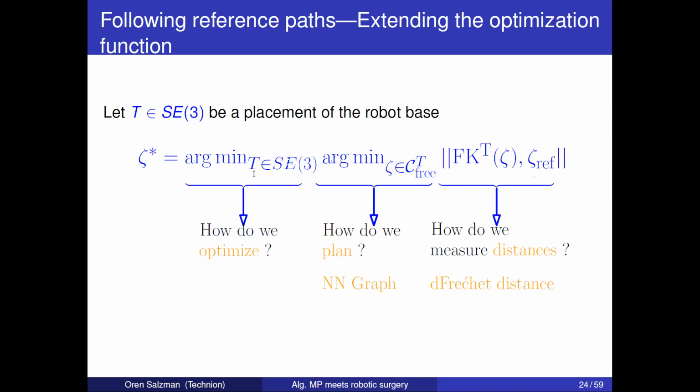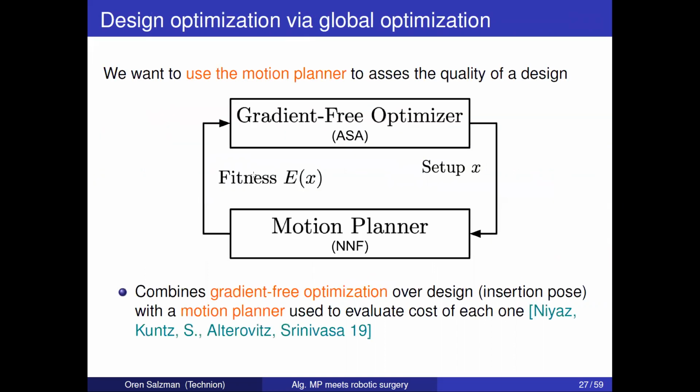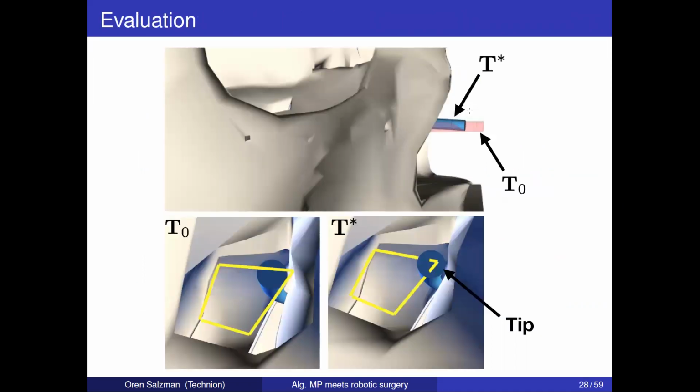Again, we used some common tools in the literature, but used the planner from our previous iteration semi-intelligently in order to speed up this process. And then we could compute the optimal placement of the robot. I know I didn't give you any details, but I just want to give you a flavor that it's a nested sequence of optimization problems that we care about for this domain because it's so constrained.